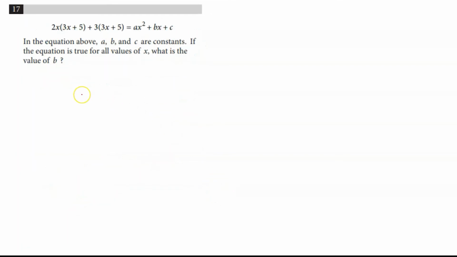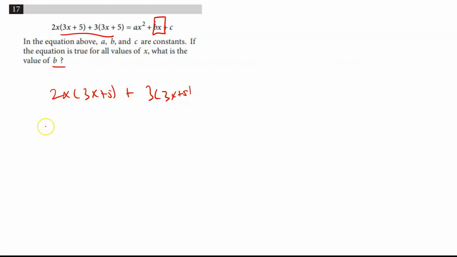Number 17, let's see. We are given an equation, and we are asked for the value of b, the coefficient of the middle x term in this equation. So we can expand this to make it easier. So 2x times 3x plus 5, plus 3 times 3x plus 5.